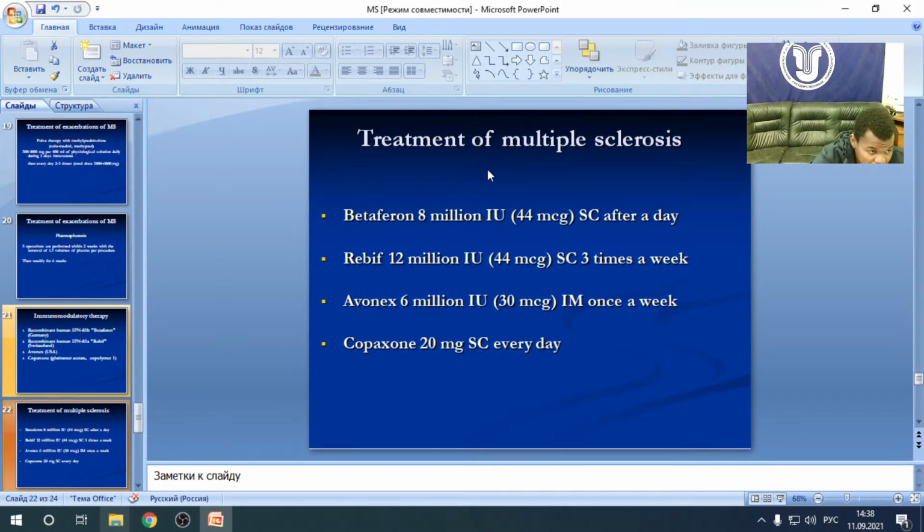If you choose Betaferon, you have 8 million international units every other day, right? If you choose Rebif, it means 12 million international units 3 times a week, right? Or Avonex, which is 6 million international units once a week, or Copaxone, which you need to give every day, 20 milligrams.